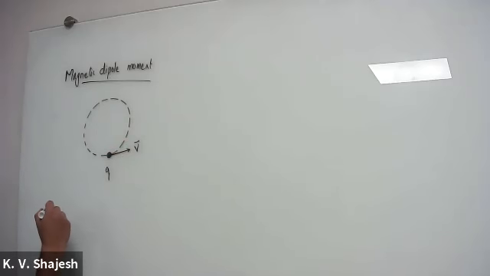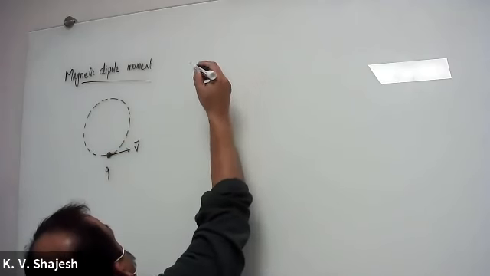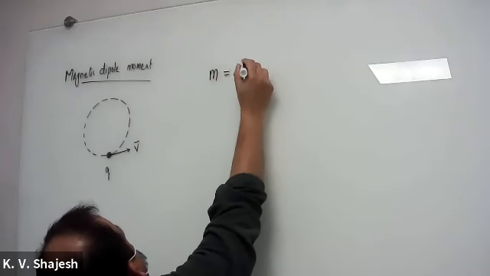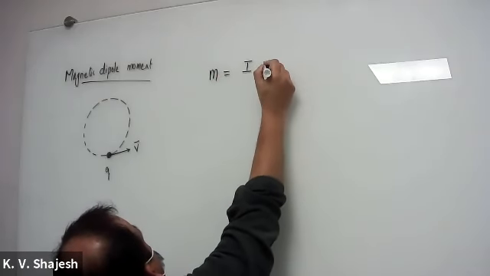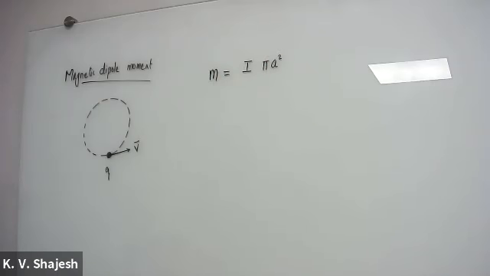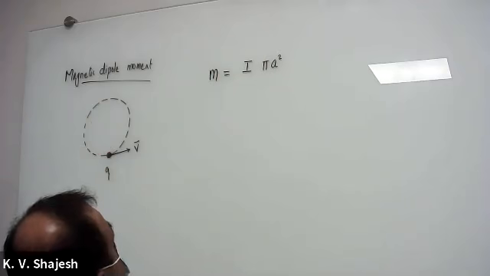So let's think of our magnetic dipole moment M. Just as a magnitude, this will be equal to current times the area. That's the definition of the magnetic dipole moment: current times the area of the loop. Here, there is no current, but we are talking about a charge that's going in circles.